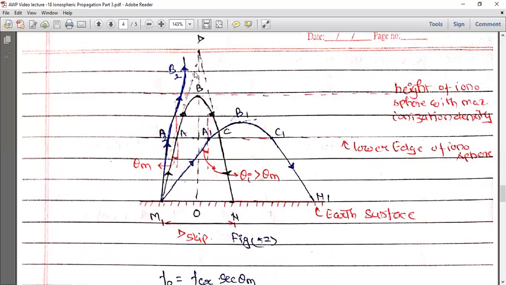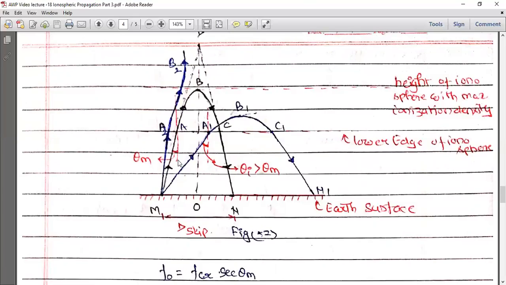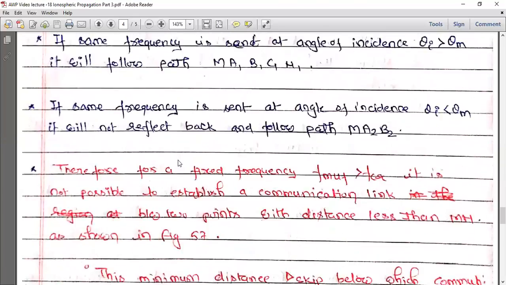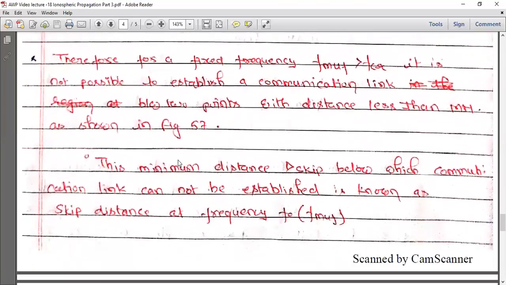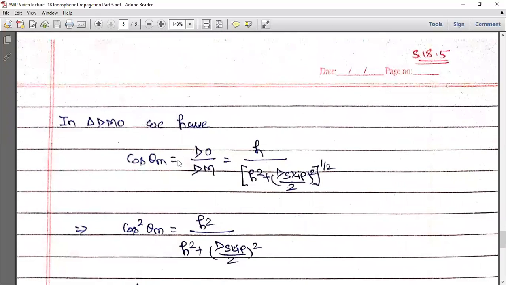So if this angle MDO is theta m, then with respect to this theta, OD is the base and DM is the hypotenuse. So you can write cos theta m is equal to OD upon DM. OD is the virtual height given by h.